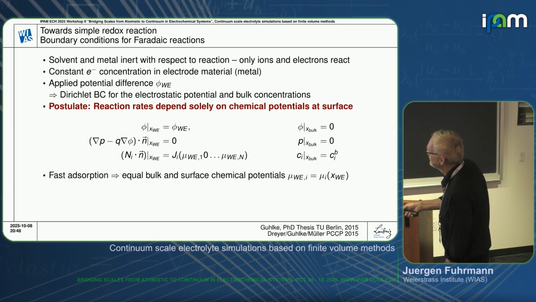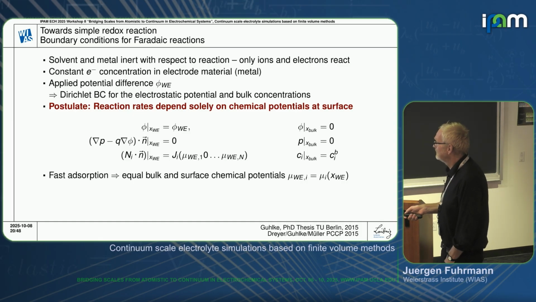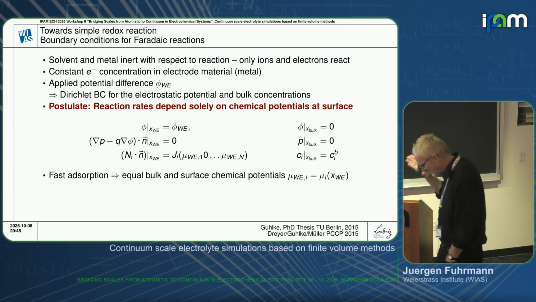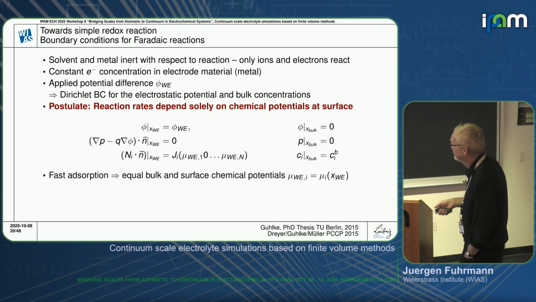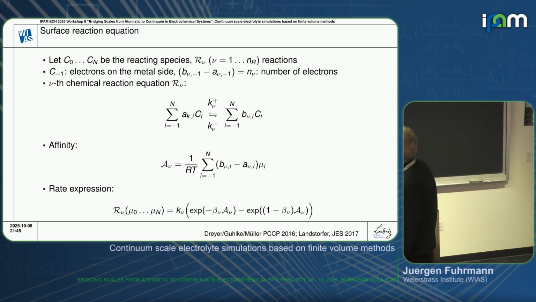So this zero is a mistake on the slide. And, just for simplification, we can assume that the surface chemical potentials have the same values as the chemical potentials of the soft species at the interface, or in the mathematical sense, the trace of their chemical potentials, by assuming that we have fast adsorption. This is what I will assume in the sequel.